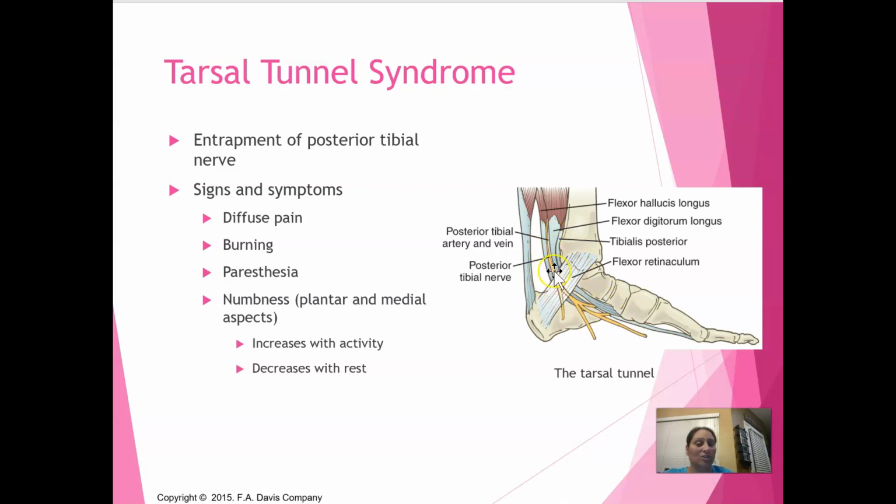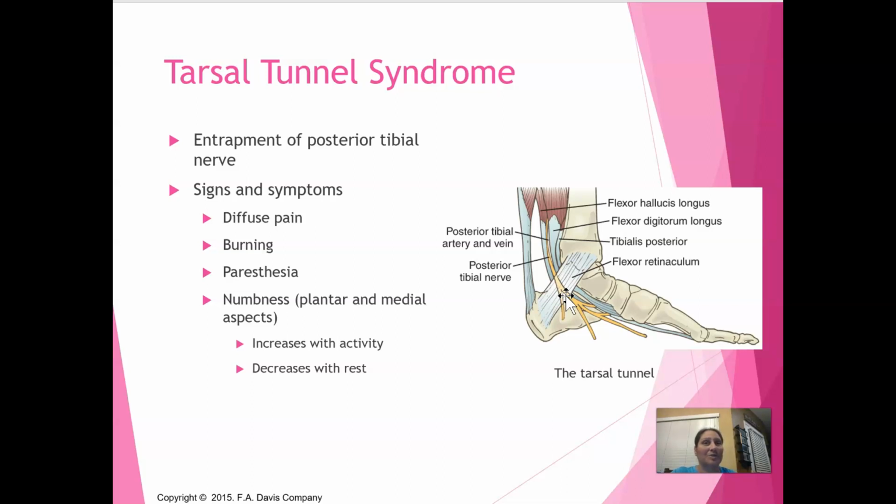If that's tight, or if there's any type of swelling to these tendons or any structure around there, it could put pressure on that nerve and cause pain. It could cause numbness and tingling. They might feel a burning sensation.